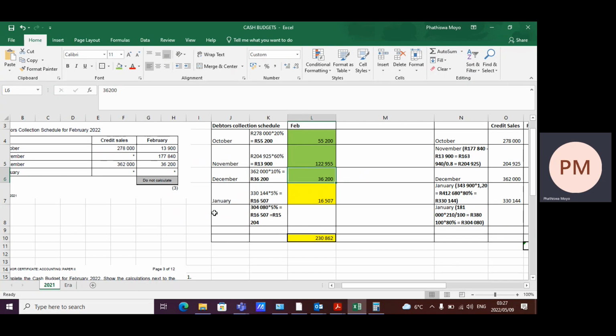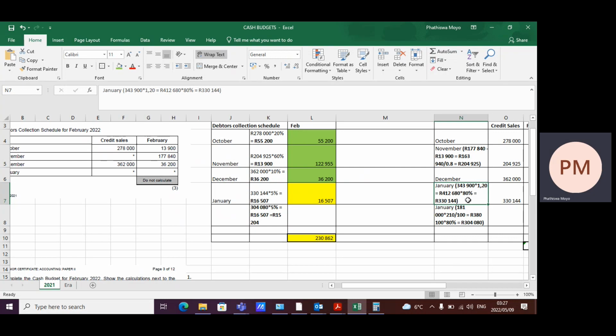Then January, okay, January, let's work with that. Increase of 20%.